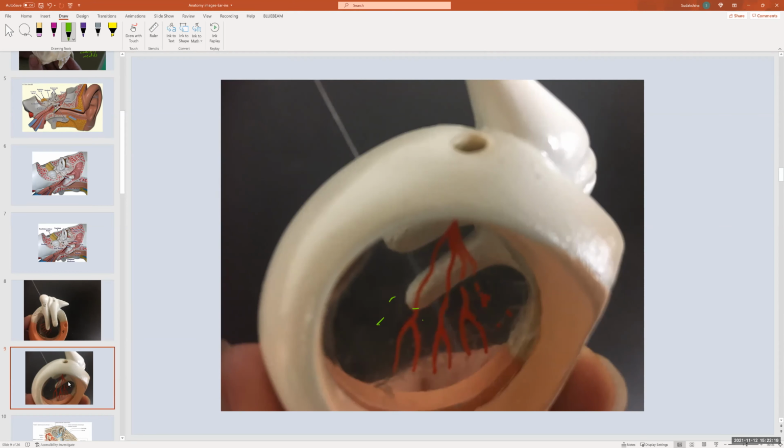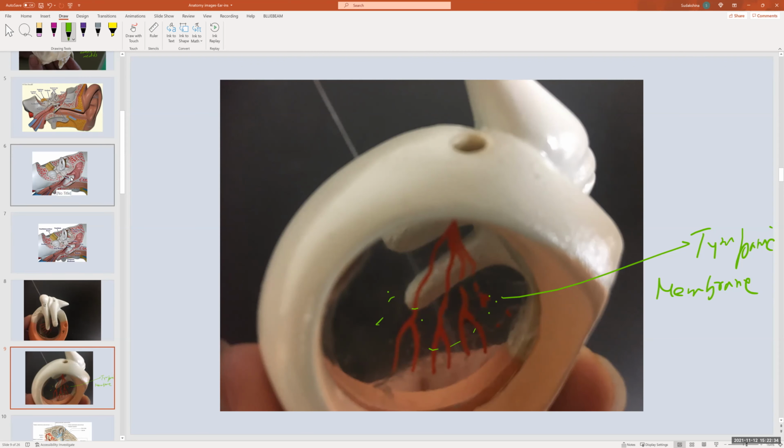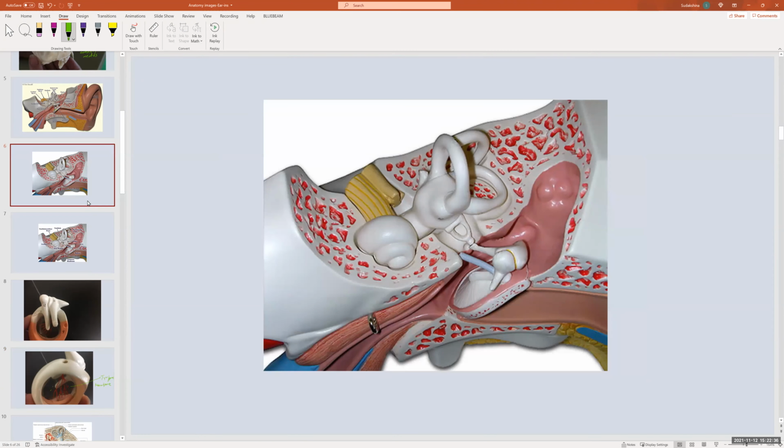So this membrane, see that? The translucent part, this is the tympanic membrane. Okay. So going back, this is the external auditory canal.